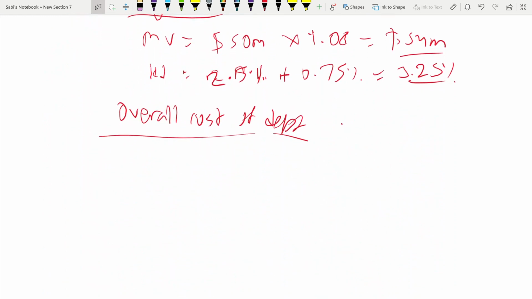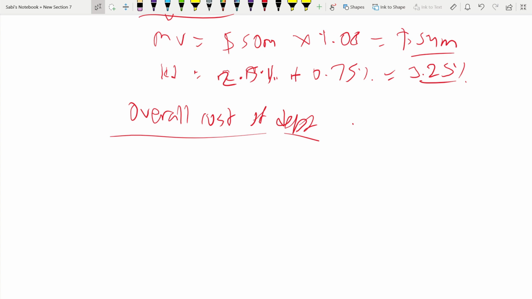See here, the weighted average cost of debt. You need that proportion.